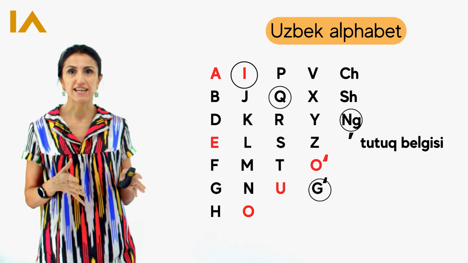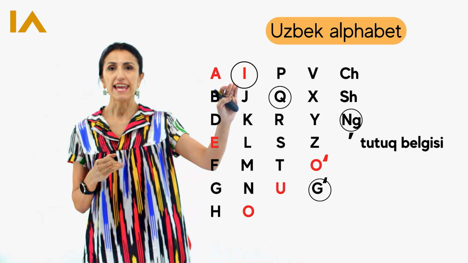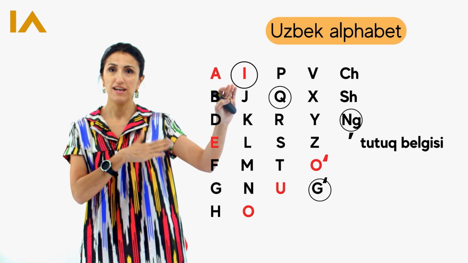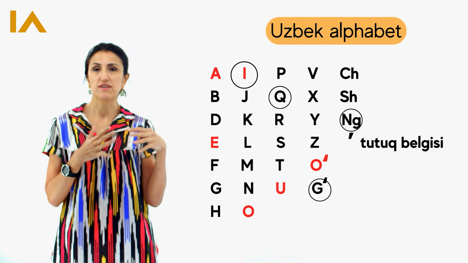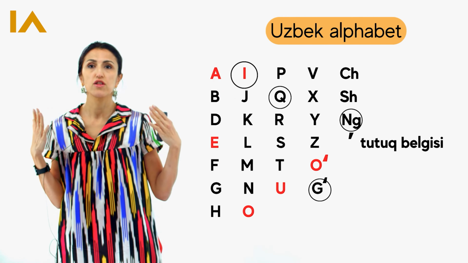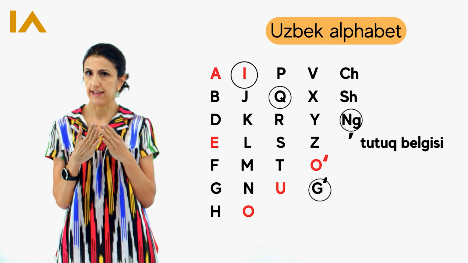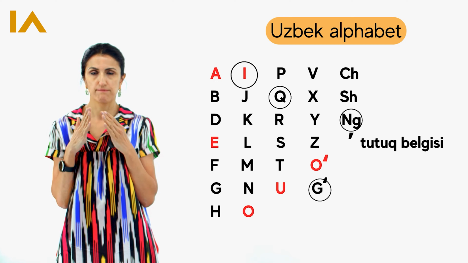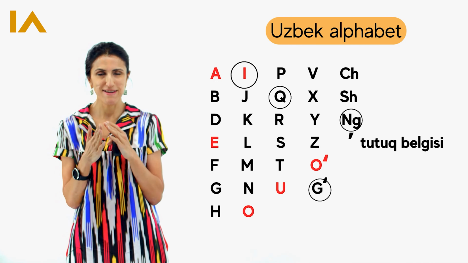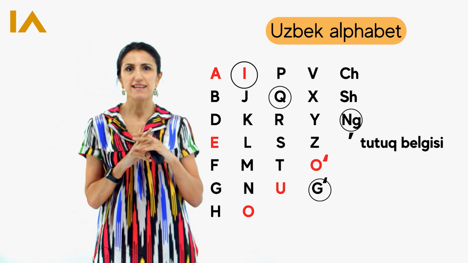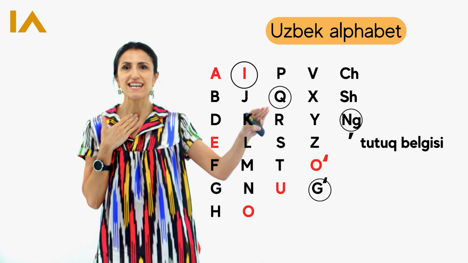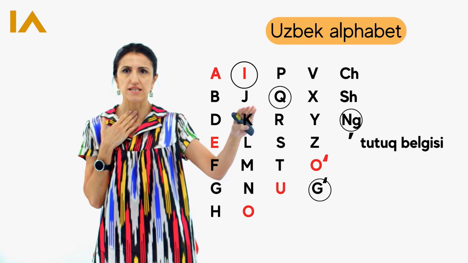So here are the letters. This is I, and we will talk about it specifically that we are not saying it as long I, but we usually read it as short I. Short, always short. Mainly short, not always, mainly short. Okay, the next letter is K. It's here.